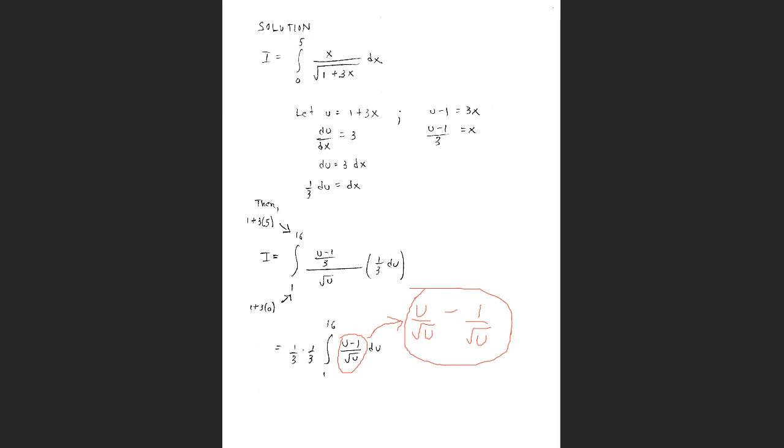Yes, definitely it is. If you had u over the square root of u minus 1 over the square root of u, you could combine those two fractions because they have the same common denominator, square root of u, and you would get this expression here. So this is okay, and that's going to be helpful.